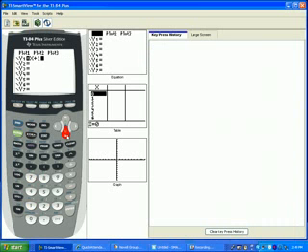There's a specific way to make y1 appear in y2. Right here, you're going to be writing y2 equals y1 of x plus 2.